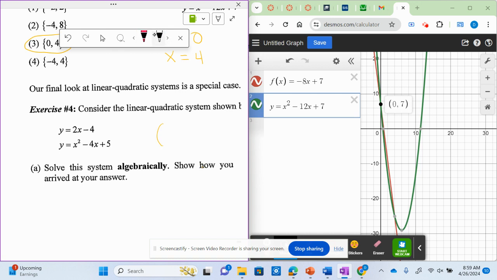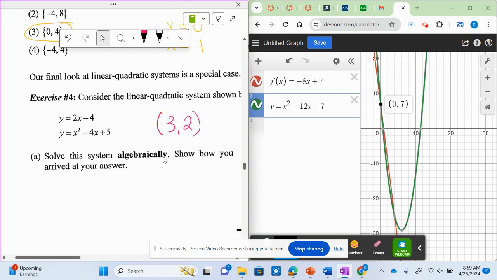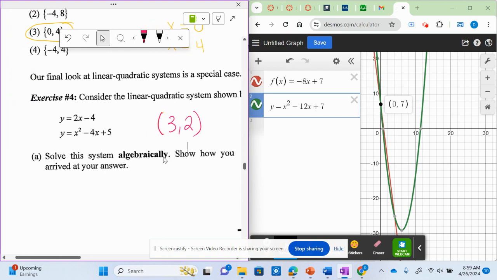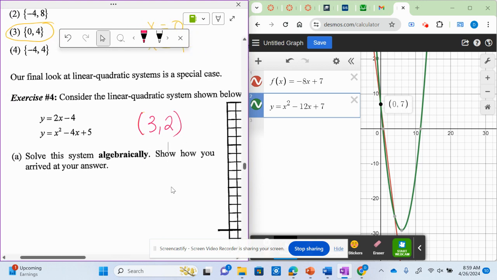Do you guys see it on your table? When x is 3, y is 2. Is there another one? I don't see another one. Do you? No. So that just means that this one has one solution.